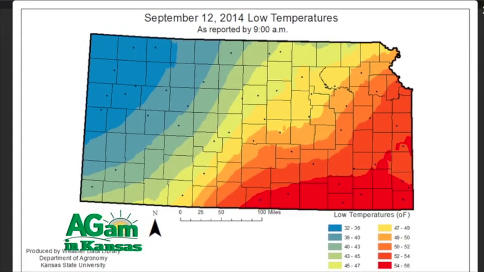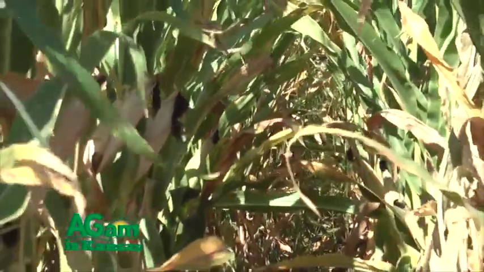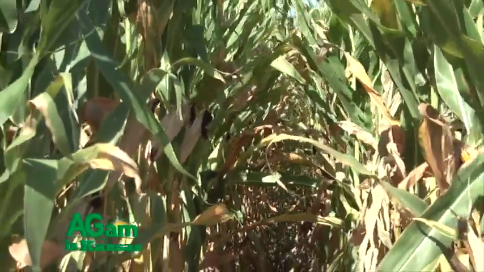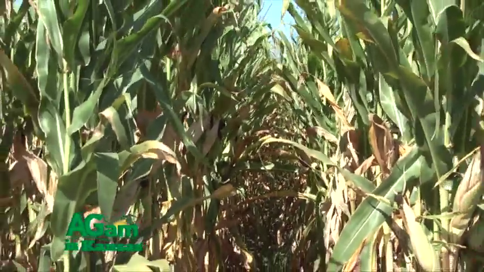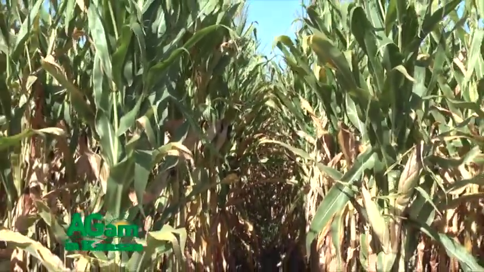So the question for everyone, and the question that we have from farmers, is how these low temperatures are impacting yields. When we are looking specifically at corn, the effect of the low temperatures and how the corn is advancing in the growing season, I'm seeing that the corn, as we mentioned before, is getting to dent stage, and from there we are moving very close, maybe 15 to 20 days until maturity.